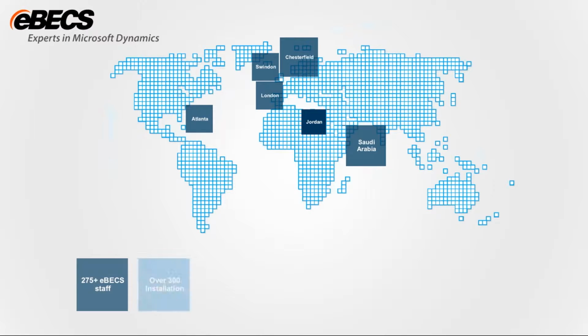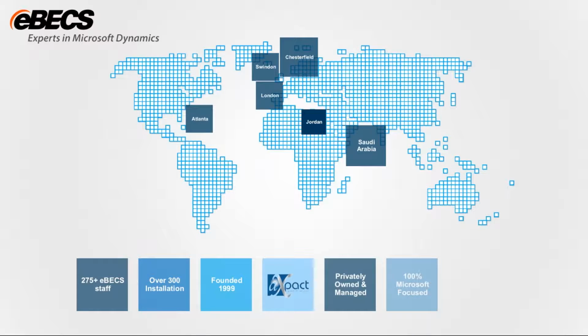So Paul, if you could just pop to the next screen, please. Excellent. A number of you may already know us at eBECS, so there's probably a mixture of customers and non-customers on the call today. A quick overview for those of you who don't know us. We've been in business for over 15 years.